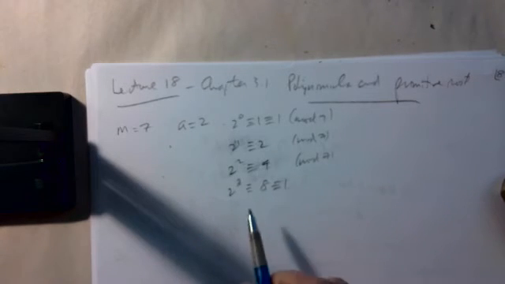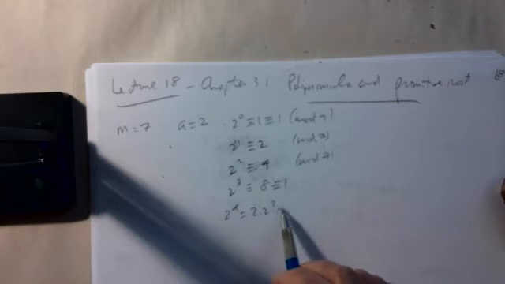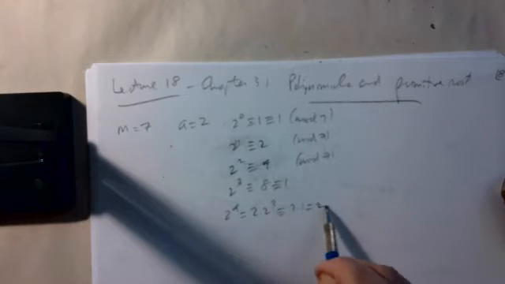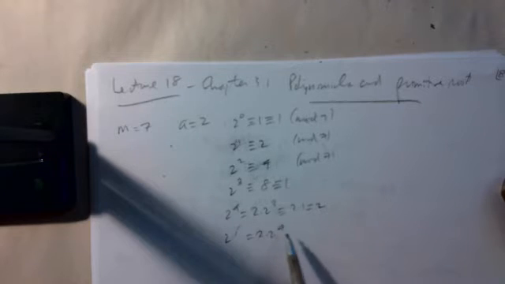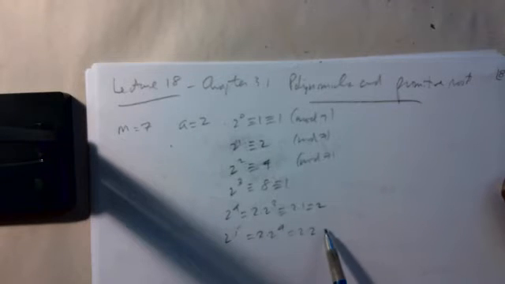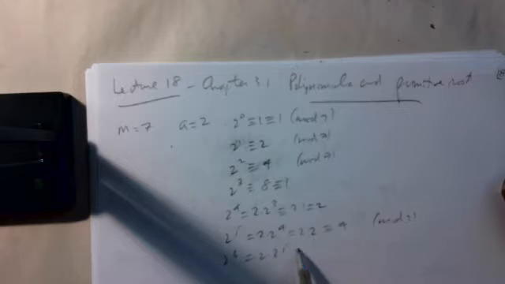So if I keep taking powers of 2, 2 to the 4th, that's 2 times 2 cubed. That's 2 times 1, or 2. 2 to the 5th is 2 times 2 to the 4th, which is 2 times 2, which is 2 squared, which is 4. Everything is mod 7. 2 to the 6th is 2 times 2 to the 5th.